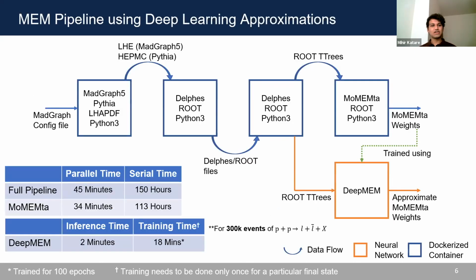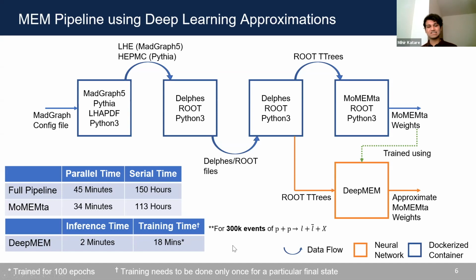So once we actually introduce deep MEM into the mix, this is what the pipeline would look like. We can see that deep MEM is trained using momenta weights that we got from the original pipeline. And instead of passing the root T trees through the final container, we can give them as inputs to the deep MEM module. And instead of getting momenta weights, we get log transformed approximate values for these weights.